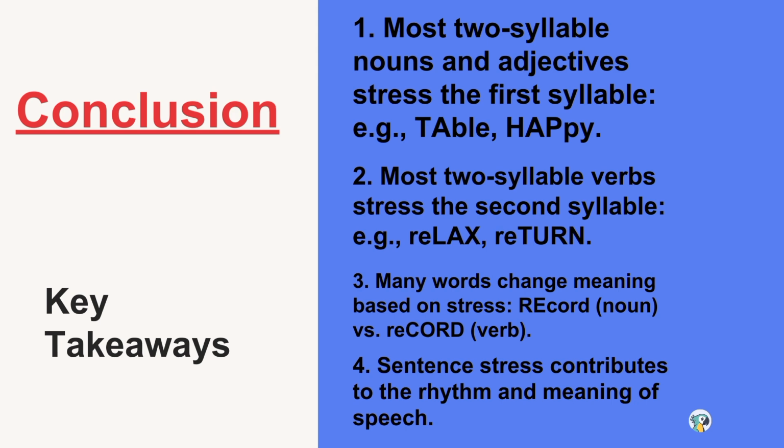So many words change meaning based on stress. Remember, it's the same word, but having the stress on different syllables. So many words change their meaning based on where the stress is put.